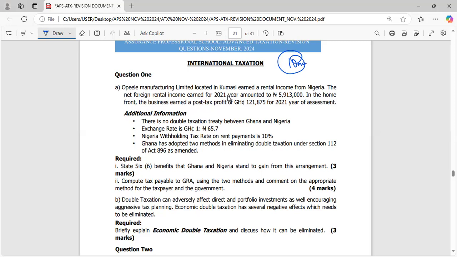On the home front, the business made a post-tax profit of 121,875 for the 2021 year of assessment.